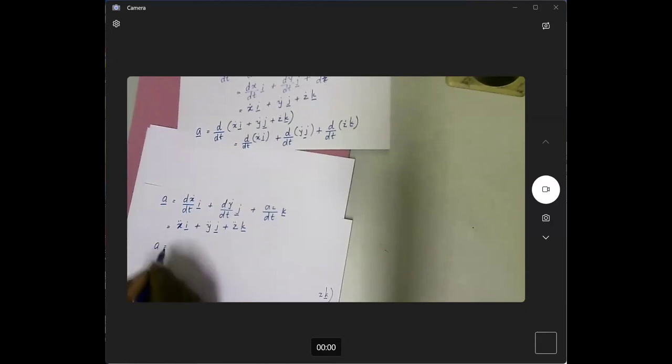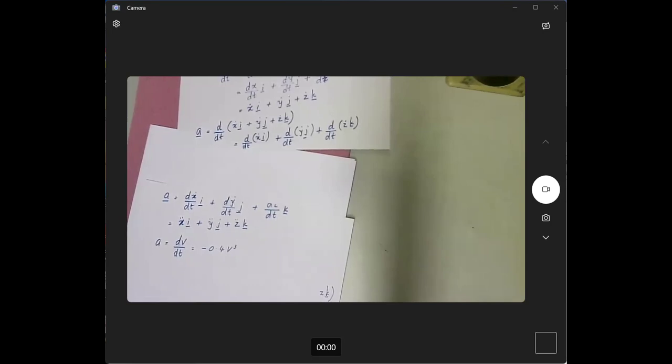So the acceleration is dv over dt. There is no need for unit vectors because it is unidirectional motion. And this one is how much? Minus 0.4 v to the power 3.